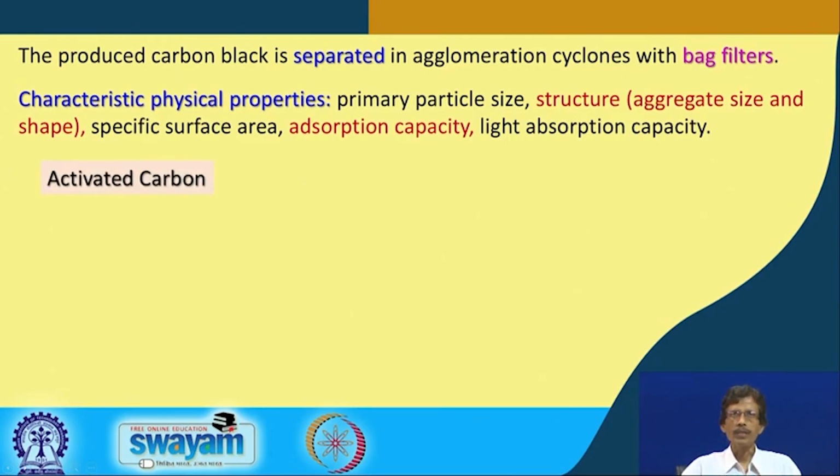So after this carbon black material, what we can now think of is where the powdery form of the carbon can be activated. That means if we talk in terms of the corresponding surface characteristics, how can we increase the surface characteristics such that we can increase the adsorption behavior of those carbon particles?